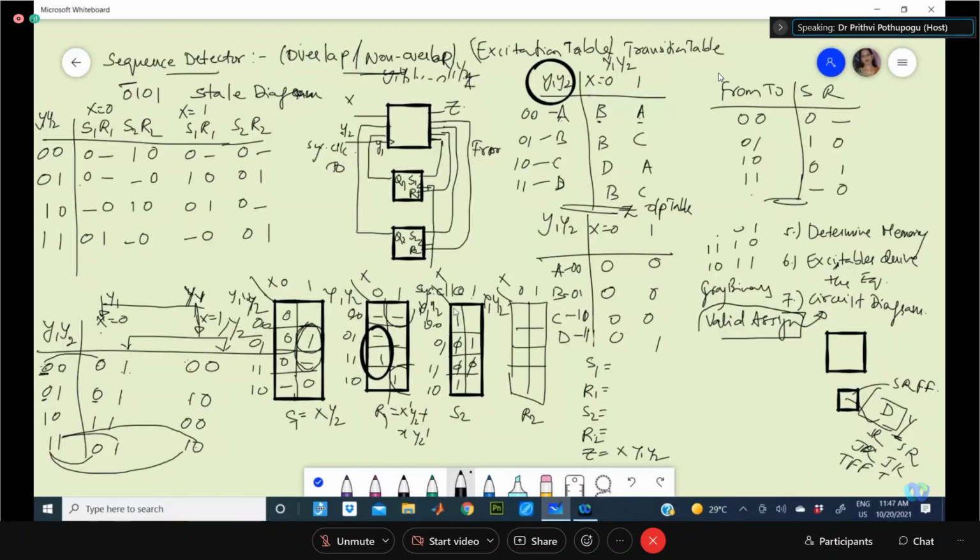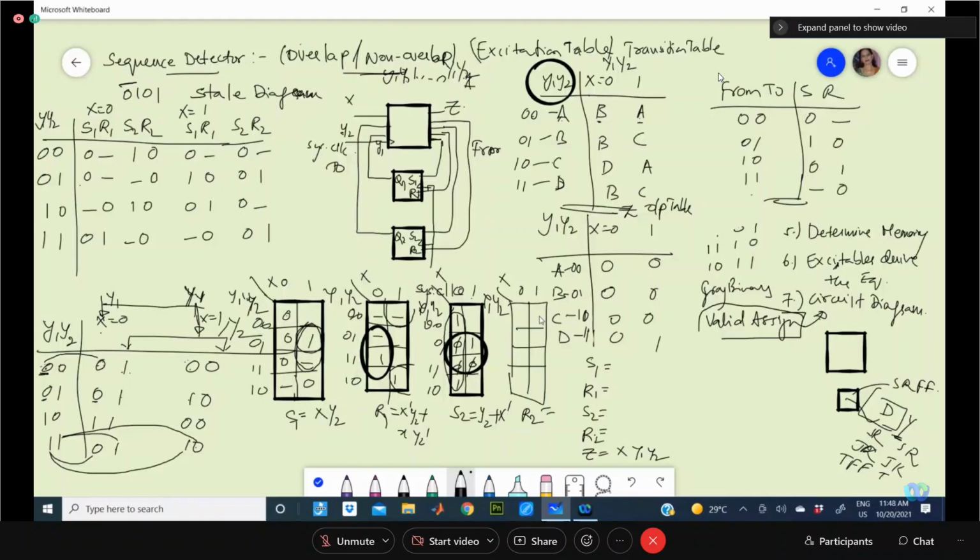Now minimization is this one. So this you get it as, what is the equation? Y2 or x dash. Is this correct?